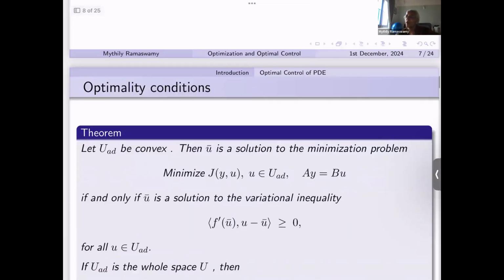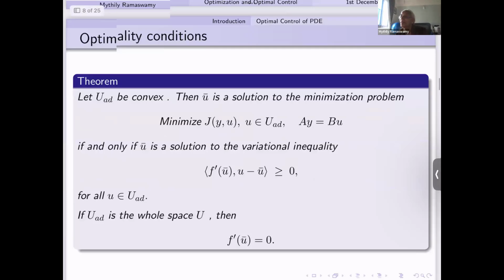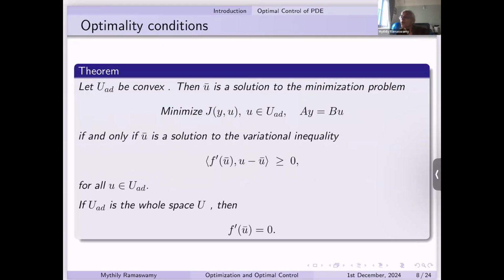So optimality conditions now can be written in this theorem. If u bar is a solution to the minimization problem, J(y,u), u in some convex set of admissible controls, and the matrix equation Ay equal to Bu. Now, u bar is the optimal control if and only if it satisfies a variational inequality. The inequality appears because you are in a convex subset.